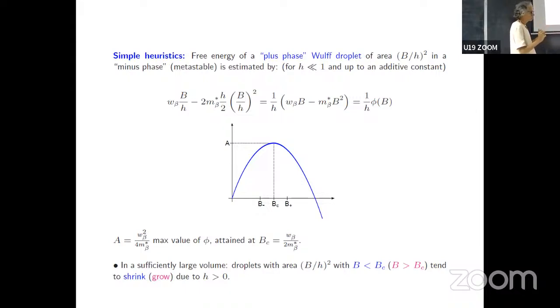We need to compute this because we expect that it has to do with the time to escape, because the time should be one over this exponential. So we see the following. There is a price that you pay to have an interface, which is W, the price per unit, times B over H, which is the dimension of length.